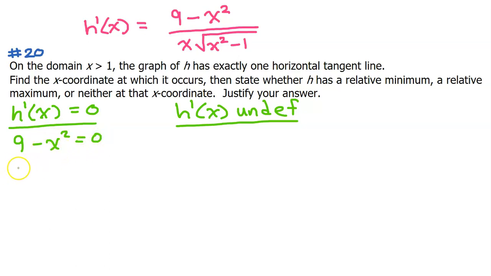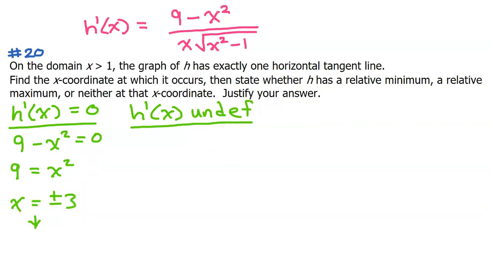Adding x squared to both sides, we have 9 equals x squared. Taking the square root of both sides, we have x is equal to plus or minus 3. So we have two critical numbers so far. So these are possible locations of relative extrema.